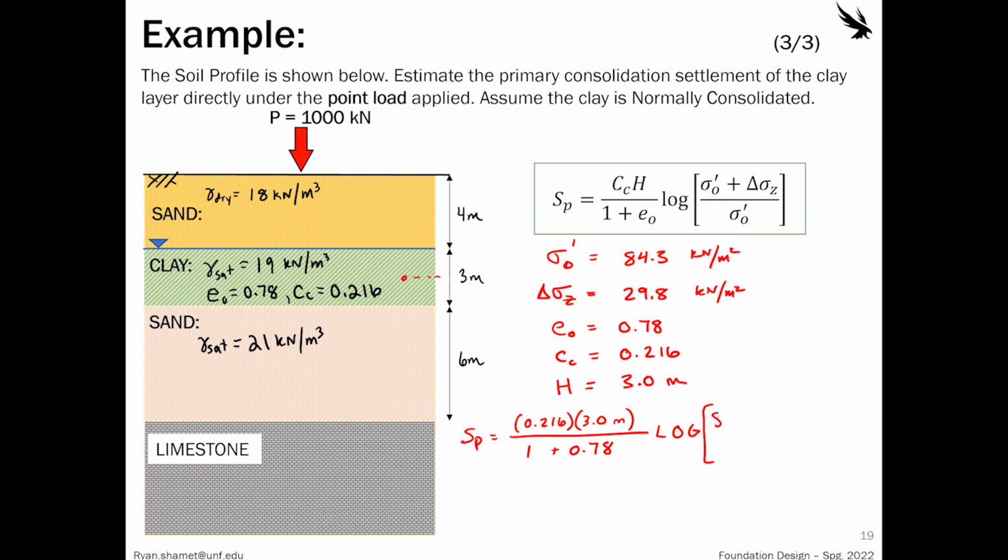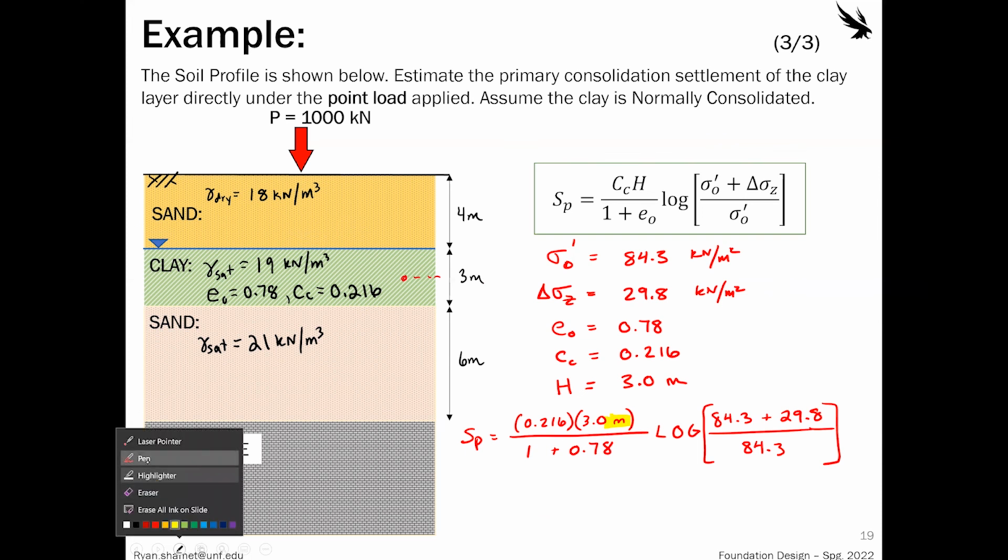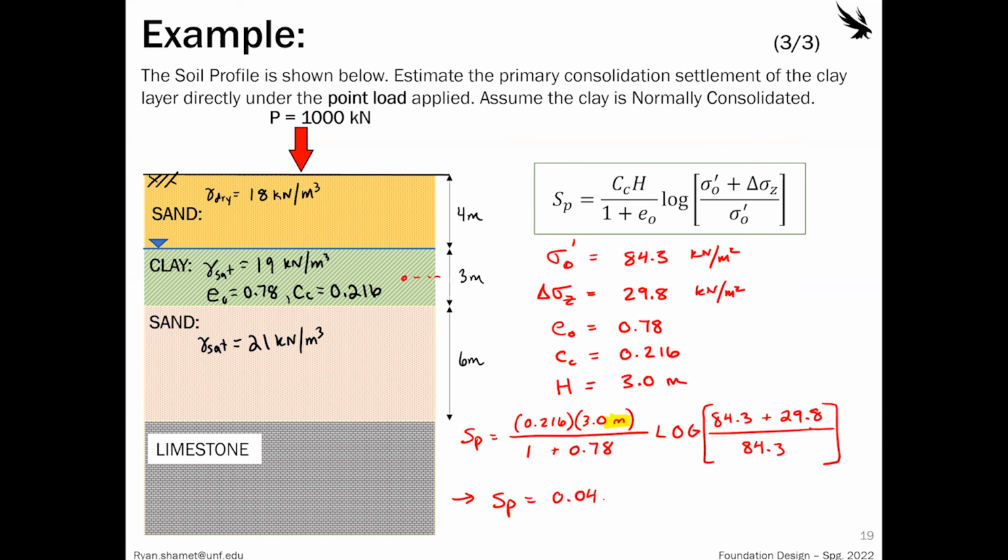And we have 84.3 plus 29.8 divided by 84.3. What you'll see is all these units cancel out except for the meters. So that would mean that our Sp number is going to be 0.0485, and this is in meters because of that H value.